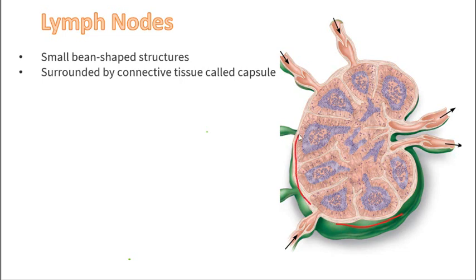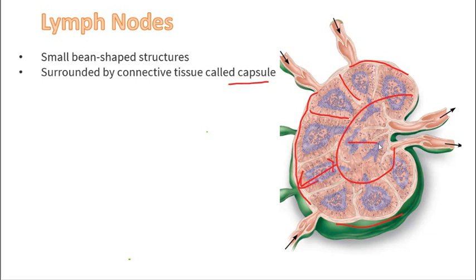Now you see some of the fibrous connective tissue extends inside. The fibrous connective tissue that surrounds the lymph node is called the capsule. The lymph node, in addition to this, is divided into the cortex and medulla. So this outer portion over here is the cortex.